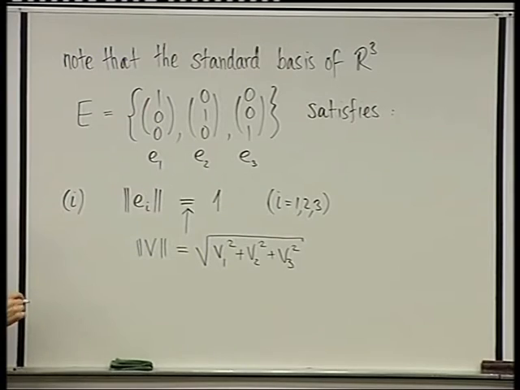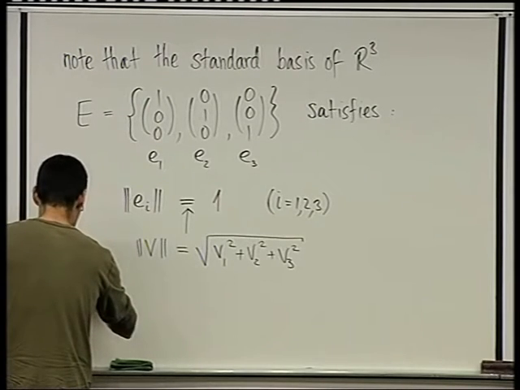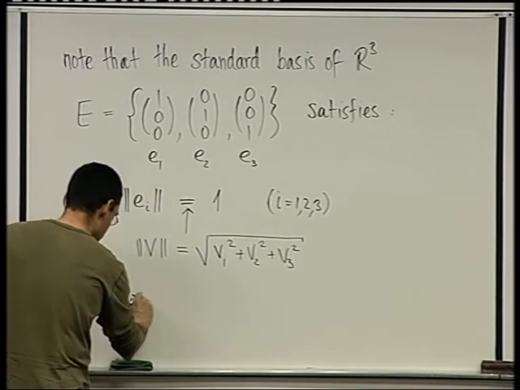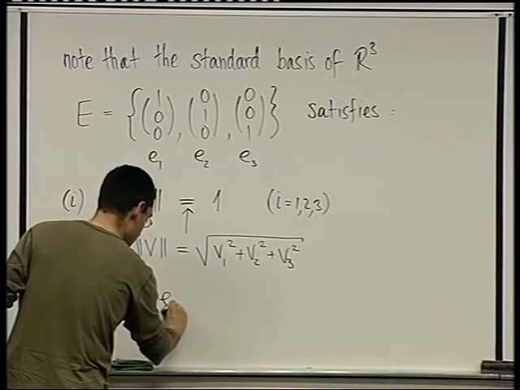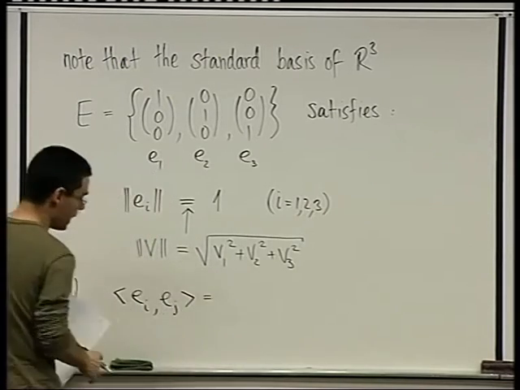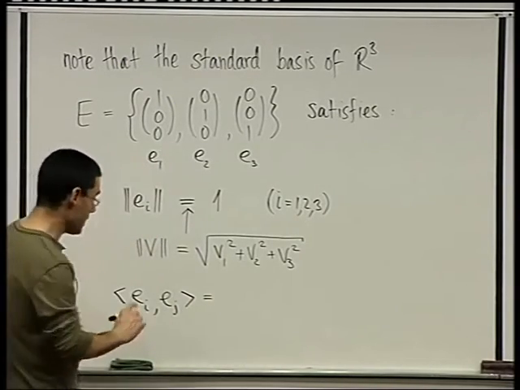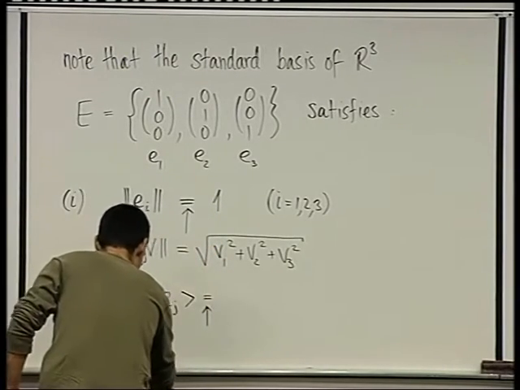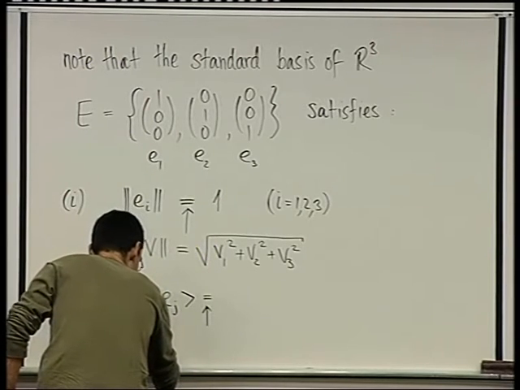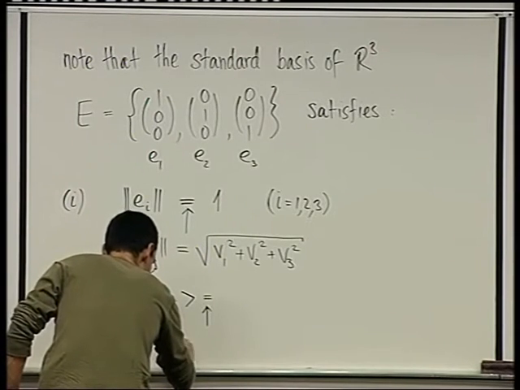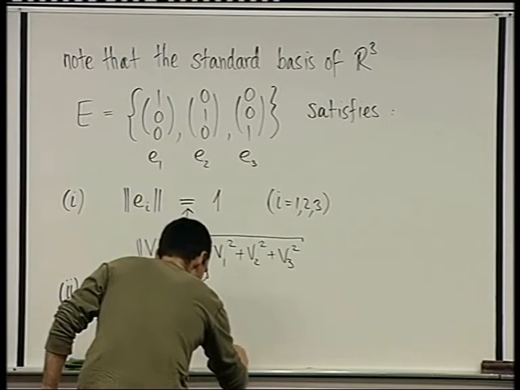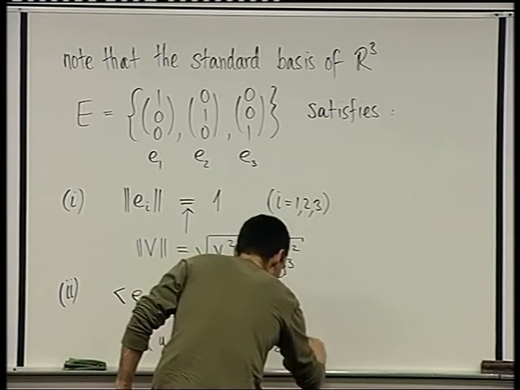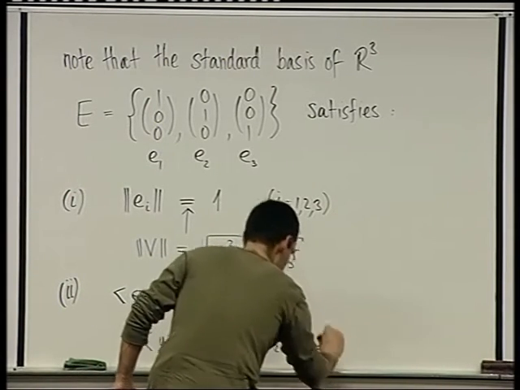Do you agree? And the second thing that these elements satisfy is about the inner product of Ei and Ej. Let's remind ourselves what the inner product is. The inner product of u and v in general is u1 v1 plus u2 v2 plus u3 v3, right?